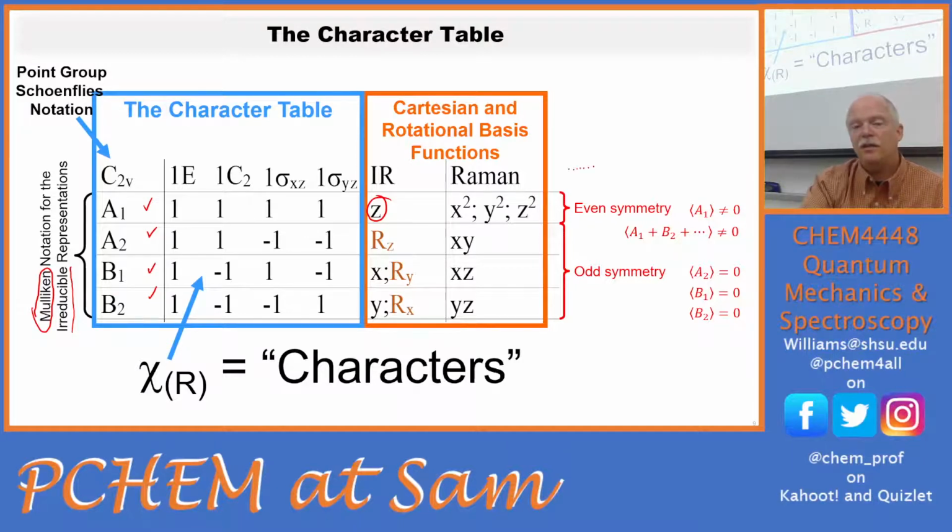And then over here, I've labeled this Raman because these are the second order interactions. You can think of these as the 2-photon scattering process, like a photon coming in on the x-axis and leaving on the y-axis. Think about that.